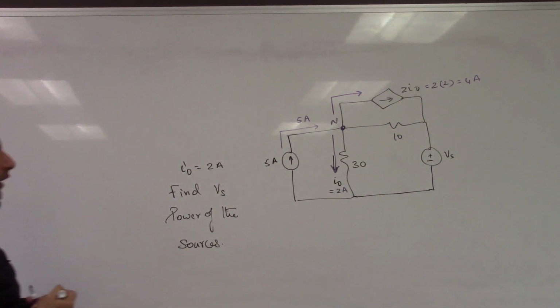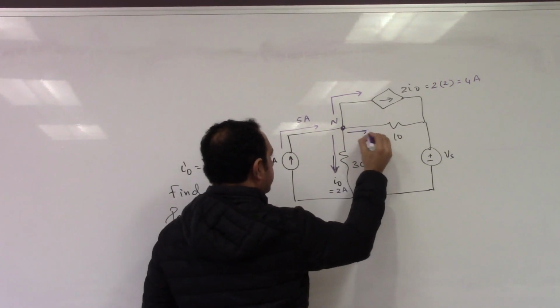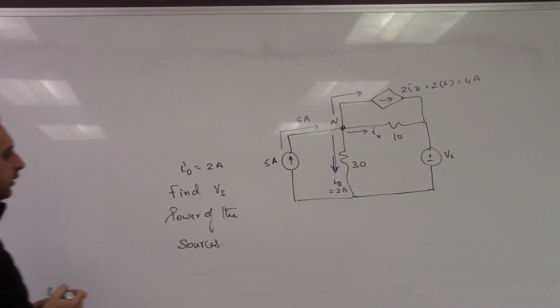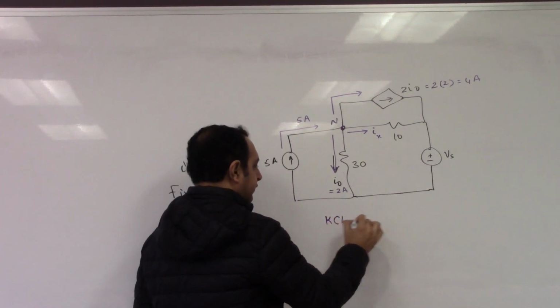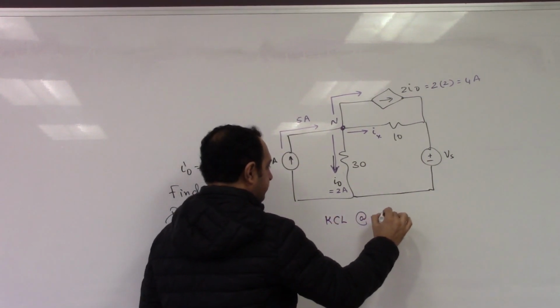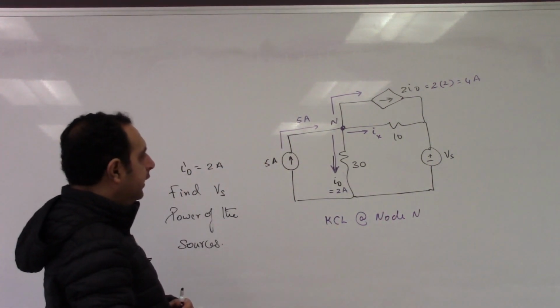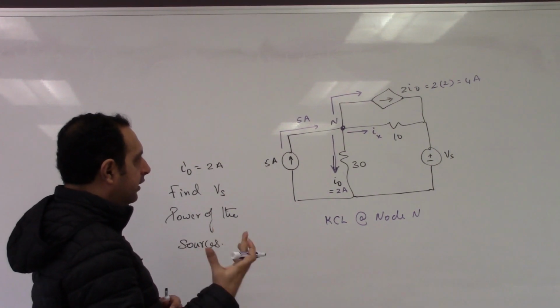The only current that we do not know is this current. Let's call this current Ix. Now, if you do KCL at node N, we'll write all the leaving currents positive, and we'll write the entering current as negative.